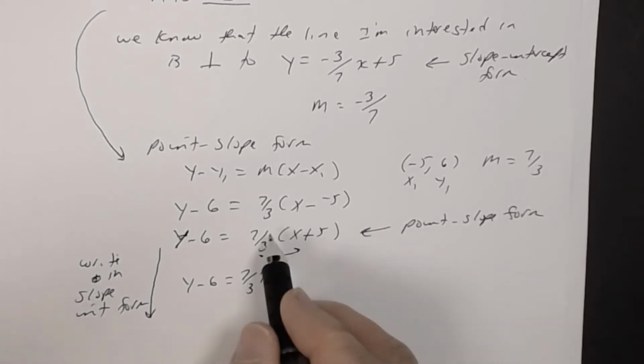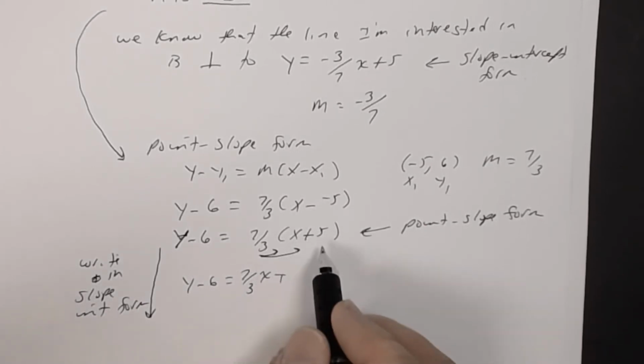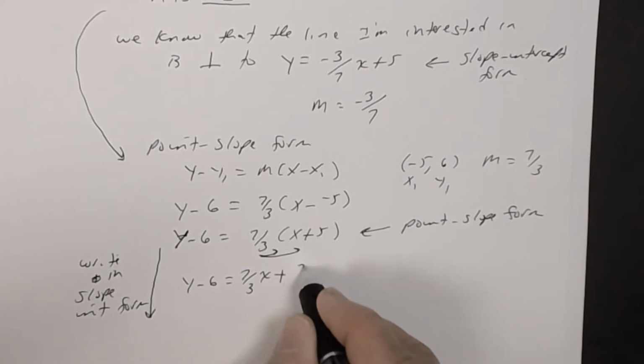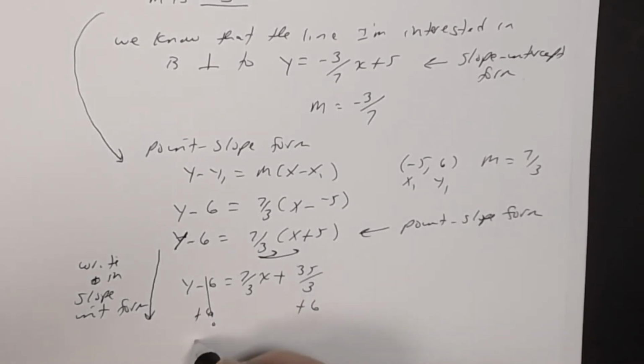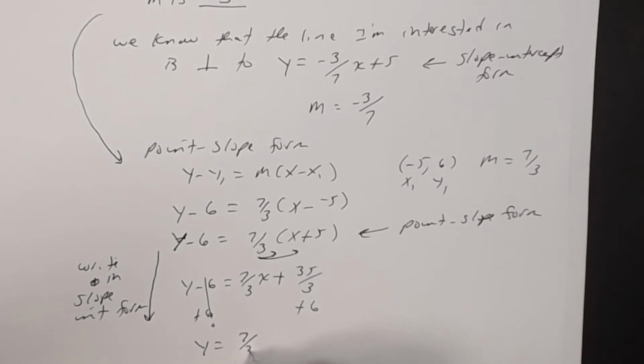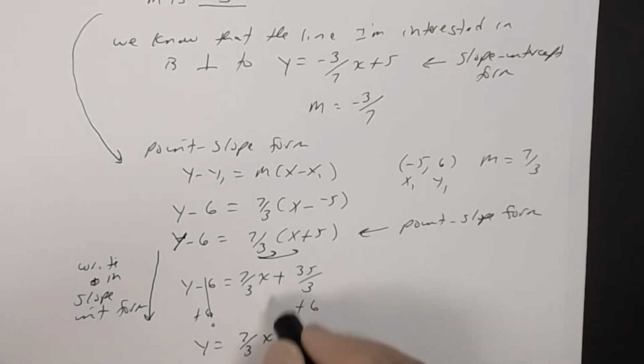So 7 times 5 is 35. 3 times 1 is 3. So that's 35 divided by 3. Okay? And then I'm going to add 6 to both sides, combine like terms. I get y equals 7/3 x plus 35/3 plus 6.